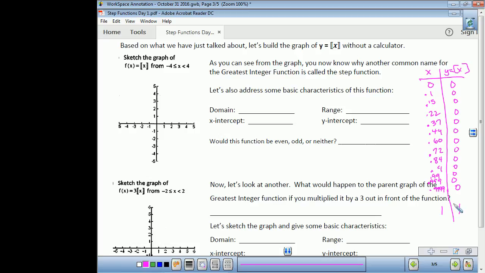Okay? So, if we were to graph this idea, what happens is we start right here at 0, 0. That was my first one. And then I got a little dot right here, and a little dot right here, on and on. But when I get to 1, I jump up here. So there's a little open circle right here.